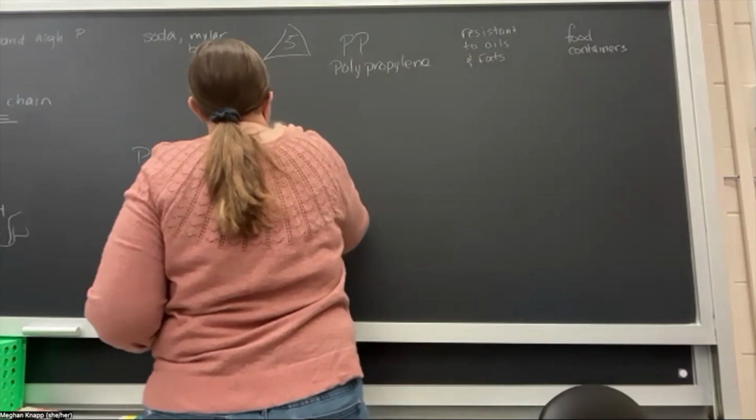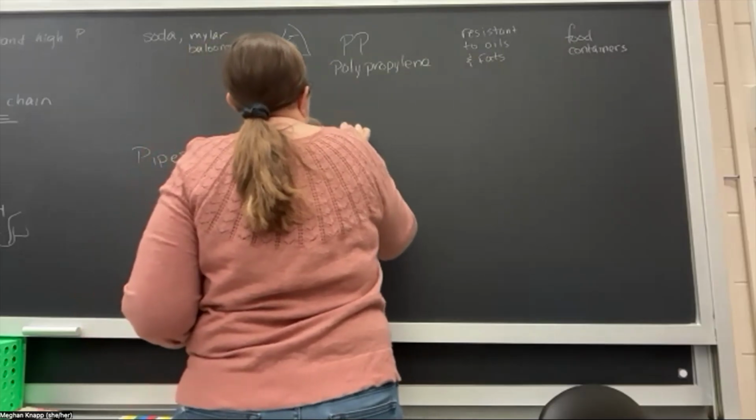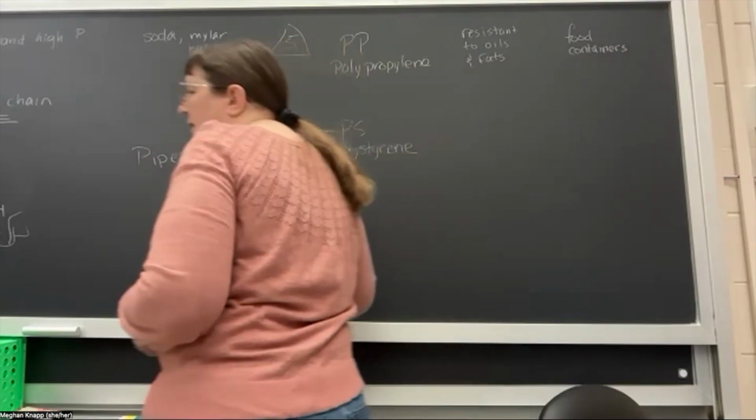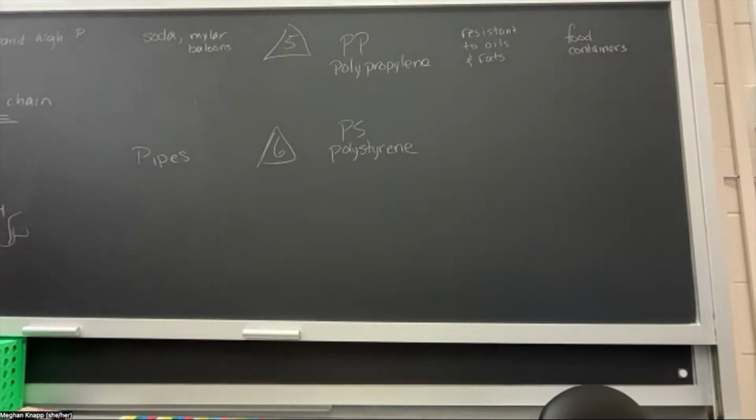And then 6 is PS, which is polystyrene. Again, styrene is another functional group we're not going to talk about. And this is also used for some of the same things that polyethylene is, not for the high pressure things, but it's used for clamshell containers, like you go to the bakery and you get cookies or something in a clear container.